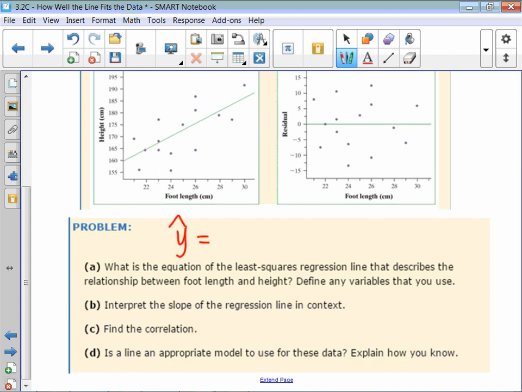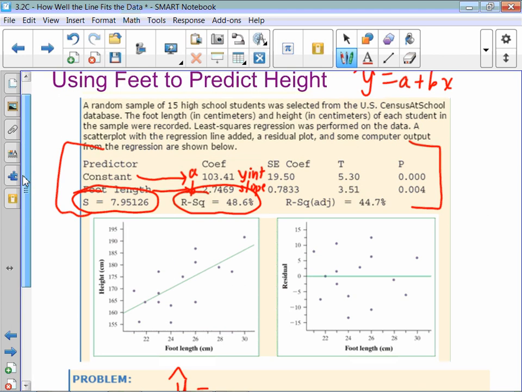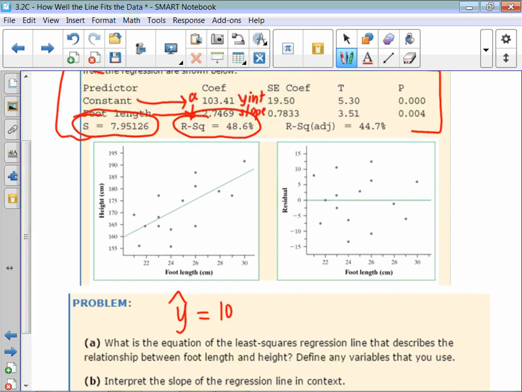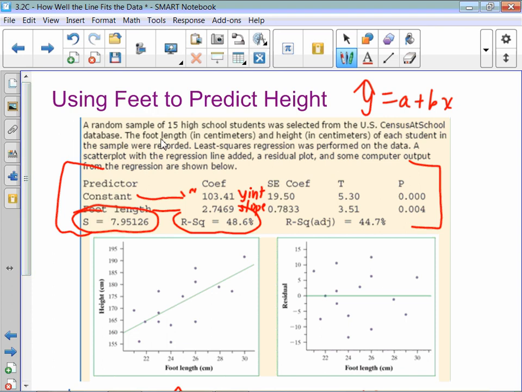So we would say y hat equals, what's our y-intercept? Yeah, 103.41 plus, what's our slope that I just X'd out there? There we go. 2.7469 times x, and then you would need to say what x and y are. So what are we talking about? We've got foot length and height, and so we're using foot length to predict height.